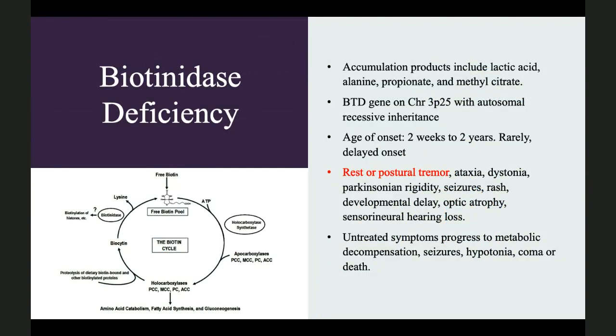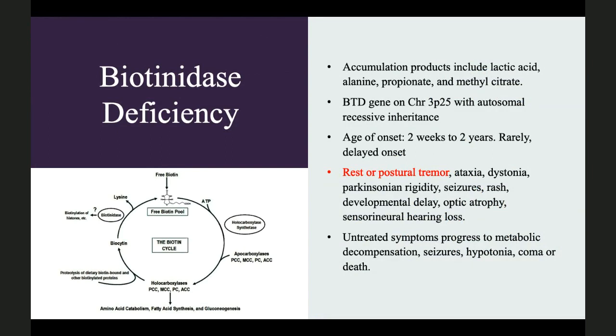And finally, we come to Biotinidase Deficiency. This causes accumulation of products which include lactic acid, alanine, propionic acid, and methyl citrate. The BTD gene is located on chromosome 3p25 with autosomal recessive inheritance of this disorder. And the typical age of onset is 2 weeks to 2 years, and rarely it can show a delayed onset.